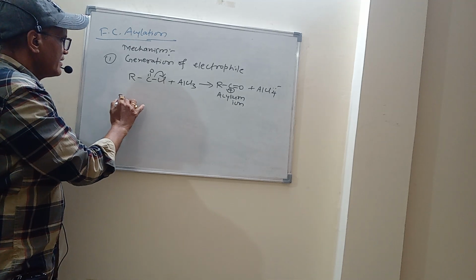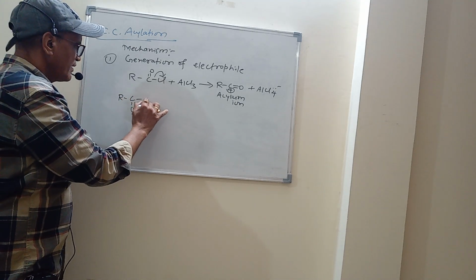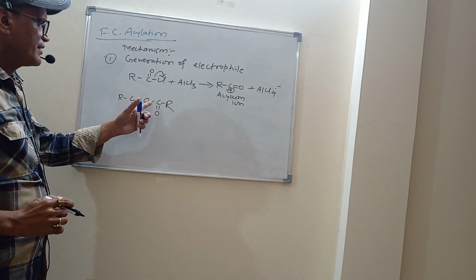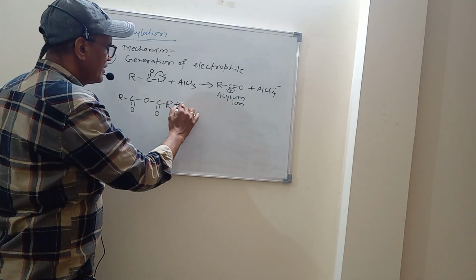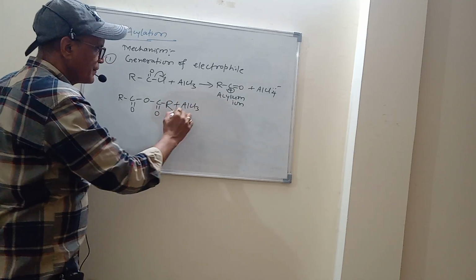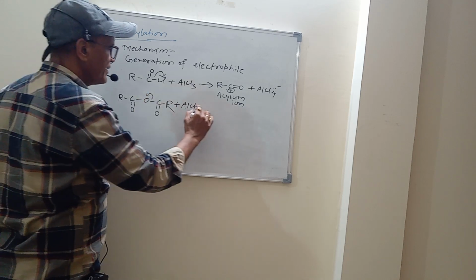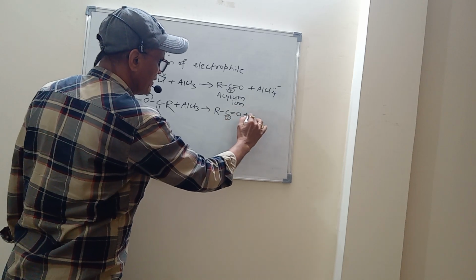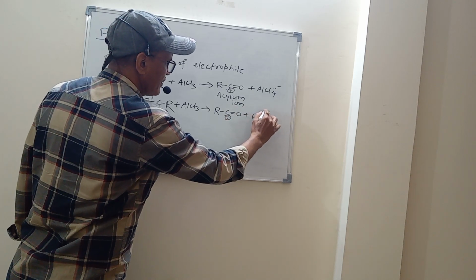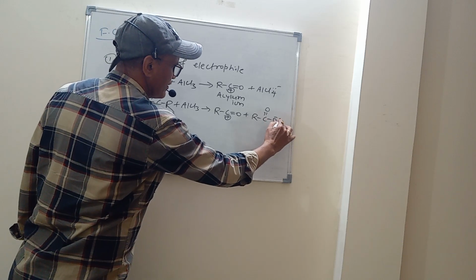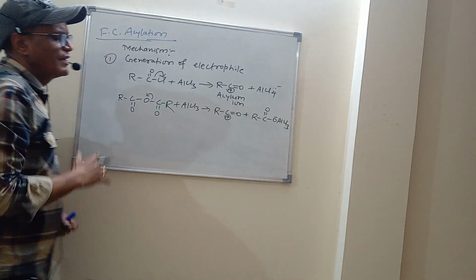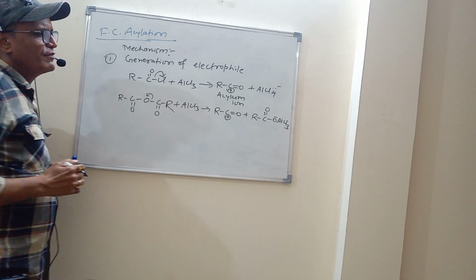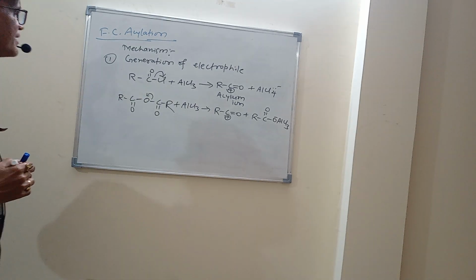If I consider acid anhydride, then again here we can target either this bond or this bond with this Lewis acid catalyst. If it is shifted here, then again we have acylium ion and this RCO, O negative AlCl3. So acylium ion we are getting as an electrophile in this case.